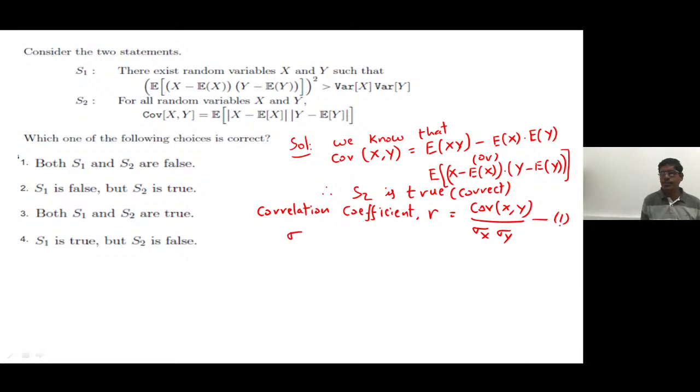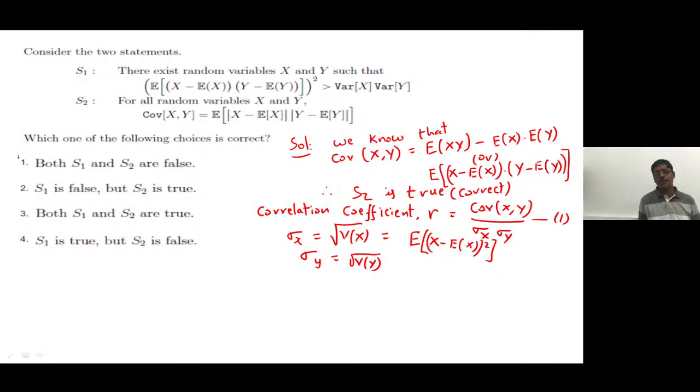Let us say this is equation 1. V stands for variance, which is E of (x minus E of x) whole square, and sigma y is the standard deviation of y, that is square root of V of y. V means variance, just like above.